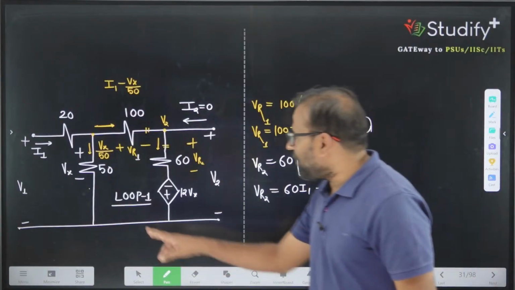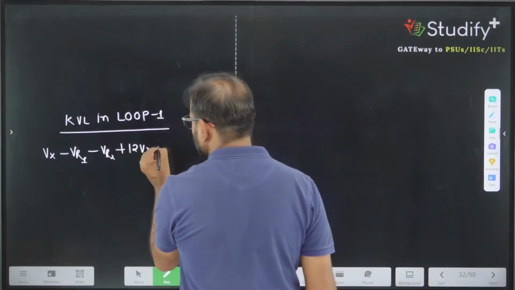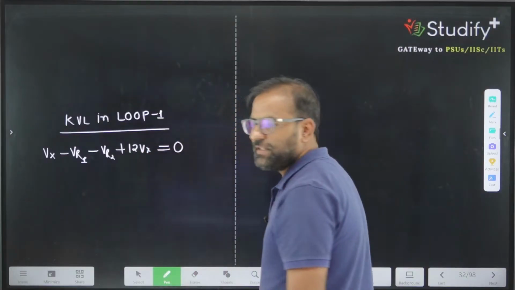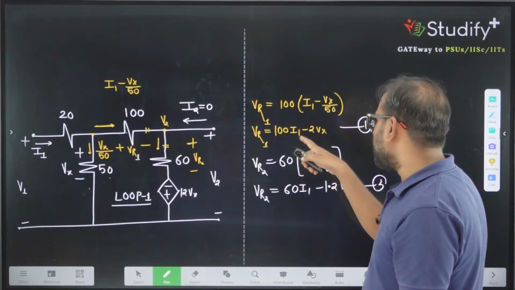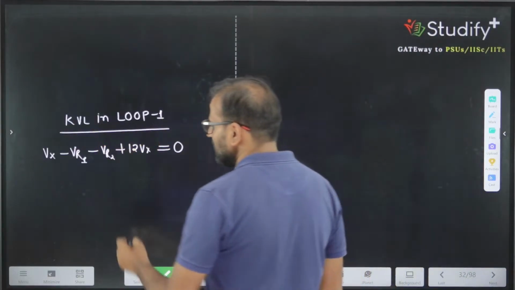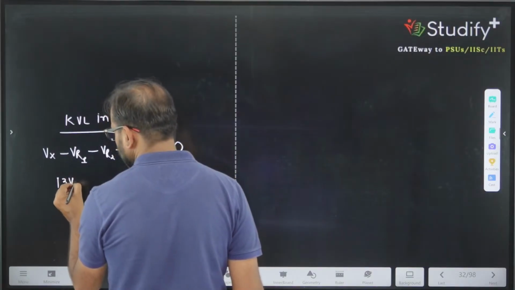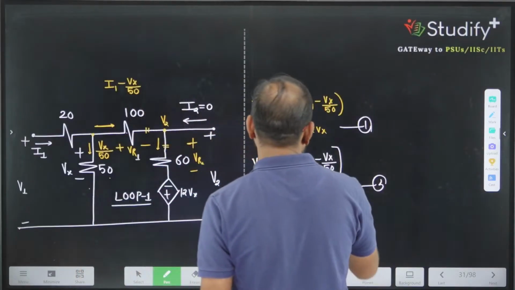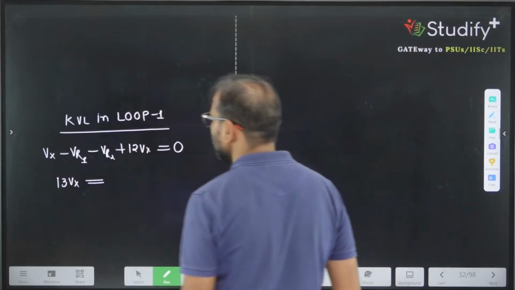The sum of these four voltages is equal to 0. Now we know the values of VR1 and VR2. VR1 is 100 I1 minus 2 Vx. Vx plus 12 Vx is 13 Vx, so 13 Vx plus 13 Vx is equivalent to VR1 plus VR2.